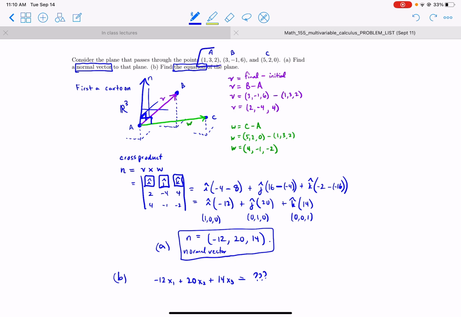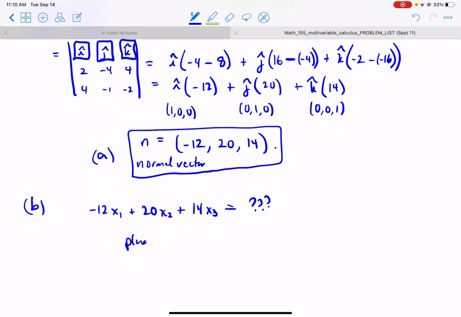So if we plug in any one of these points, we should get that same number, this right-hand side. And so, for example, the point A is 1, 3, 2. Plug in A equals 1, 3, 2, because we know that this point is on the plane, so it should satisfy this equation. And that gives me the shift off the origin.